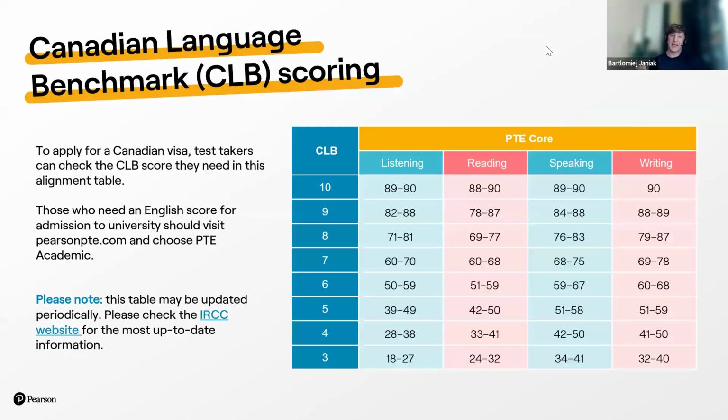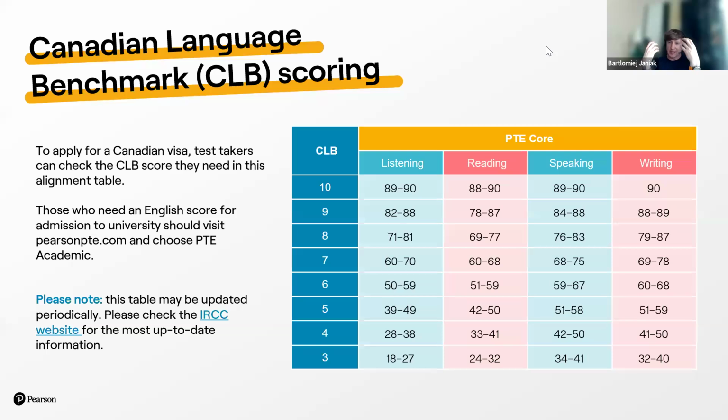And the Canadian Language Benchmark scoring, so you've got the CLB scale and you've got the PTE Core scores which are required. So if you go around 7 or 8, which is the requirement, you'll have a chance to know what type of scoring for PTE Core is essential for you. And the best option for you to get to know the Canadian Language Benchmark is to go to their website.